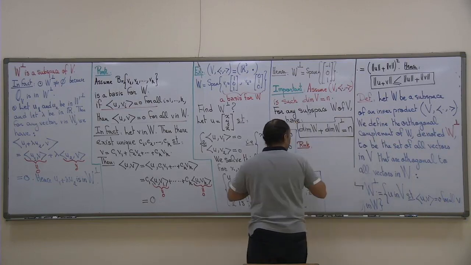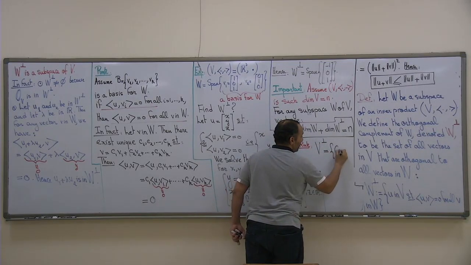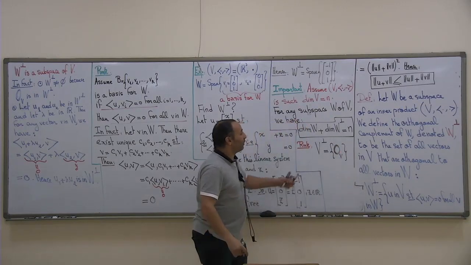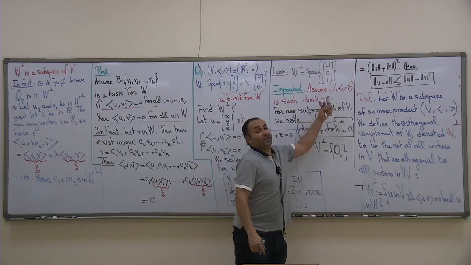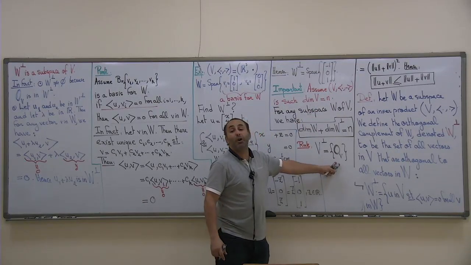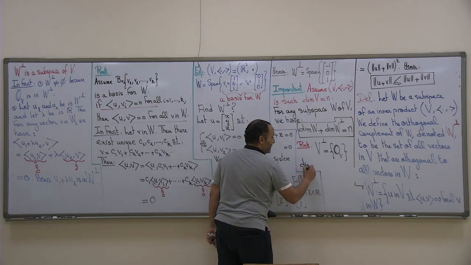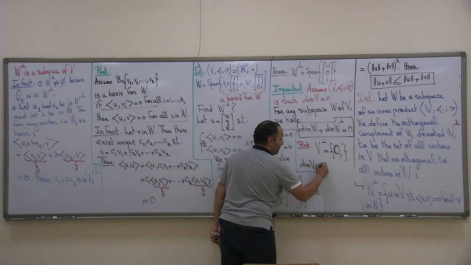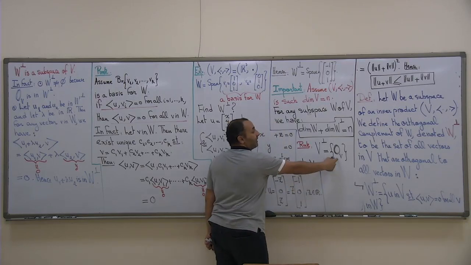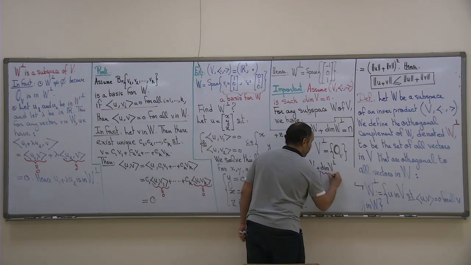So I know that V orthogonal is {0}. That means the orthogonal complement of the big vector space is the trivial subspace containing only the zero vector. Now, if you sum the dimension of V plus the dimension of V orthogonal, well, the dimension of the trivial vector space is equal to 0.